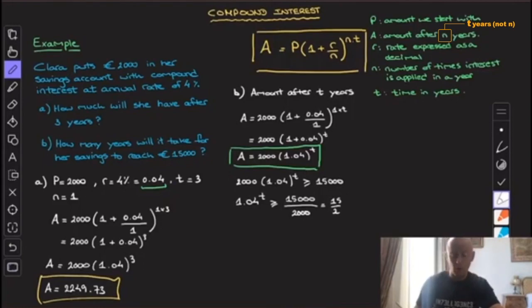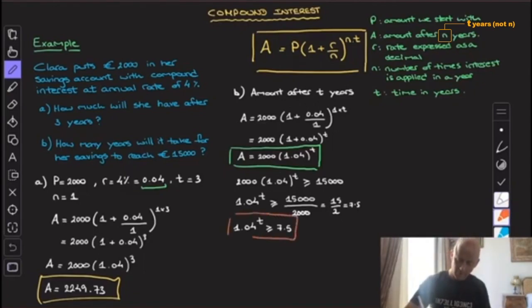In other words, I'm taking a whole factor of 1,000 out, and that's equal to 7.5. Right? So in essence, what we're really trying to figure out here is when will 1.04 raised to the power of t be greater than or equal to 7.5, right? And at this stage, if I box that for a second, this is a typical logarithm problem.